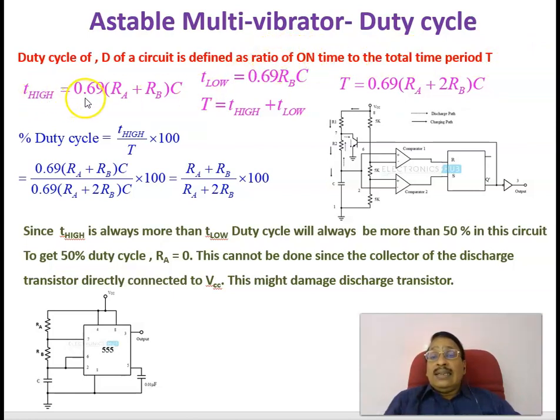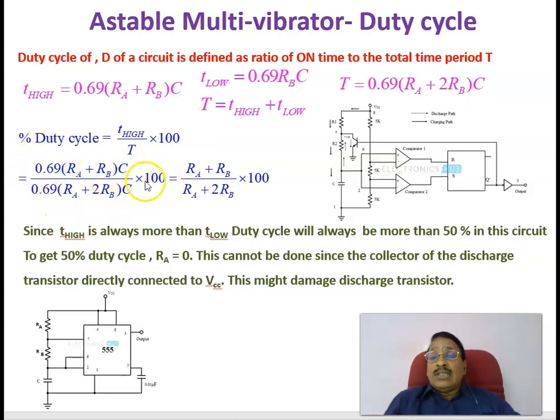Here T high is given by 0.69 (RA plus RB) into C, T low is given by 0.69 RB into C, and the total time period is the sum of T high plus T low, which is 0.69 (RA plus 2 RB) into C. As per this definition, duty ratio equals T high divided by T, that is 0.69 (RA plus RB) into C divided by 0.69 (RA plus 2 RB) into C, expressed as a percentage by multiplying by 100.